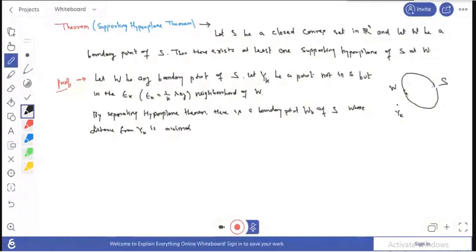Okay, so this means if you take this yk point, corresponding to this yk you have a minimum distance. Suppose this point is wk.